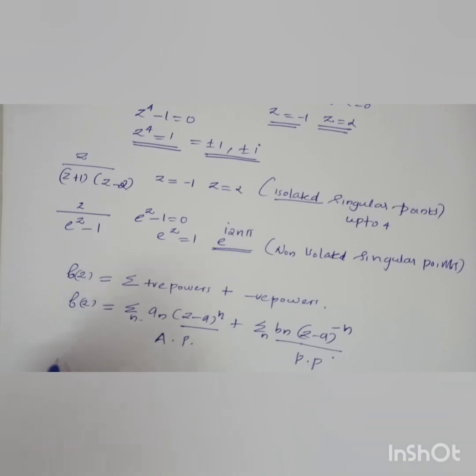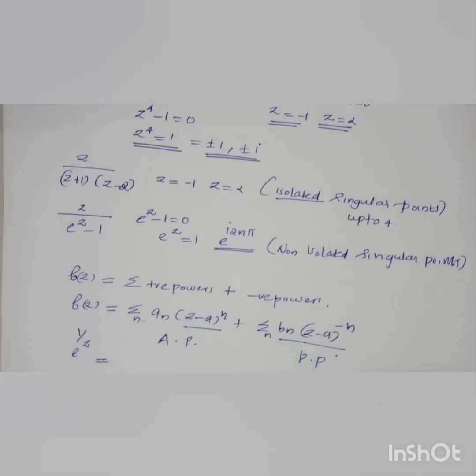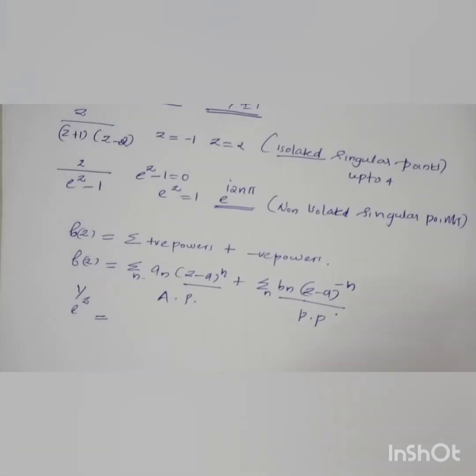So if you consider the function e raised to 1 by z, we know e raised to x is 1 plus x plus x square by 2 factorial plus x cube by 3 factorial, like that.